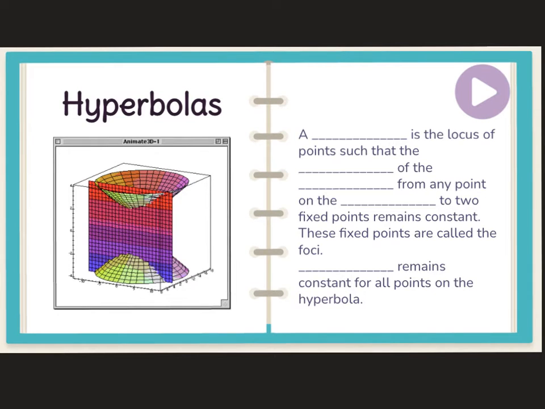Hyperbolas are the next kind of conic section that we are going to be learning about. So a hyperbola is the locus of points such that the difference of the distances from any point on the hyperbola to two fixed points remains constant.